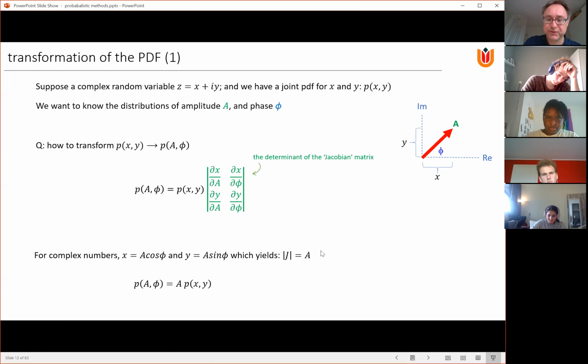It is just a factor a, just this amplitude. So that means we can write the joint PDF of a and phi as equal to a factor a times the joint PDF of x and y.